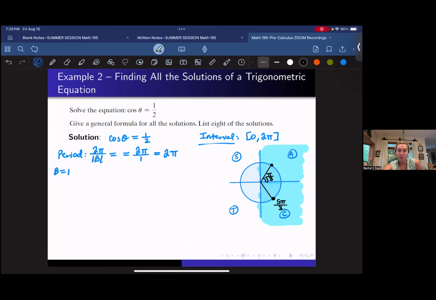And we pretty much solved it along our interval from 0 to 2 pi, but remember that first question is asking us to give a general formula for all solutions possible. So we want to incorporate all of our coterminal angles now.